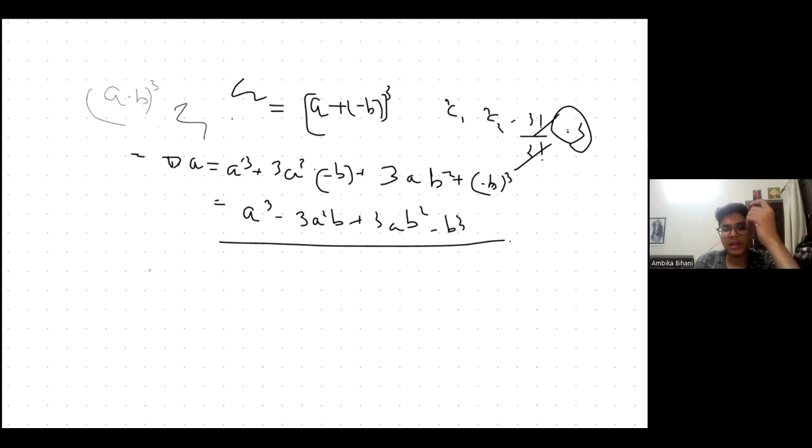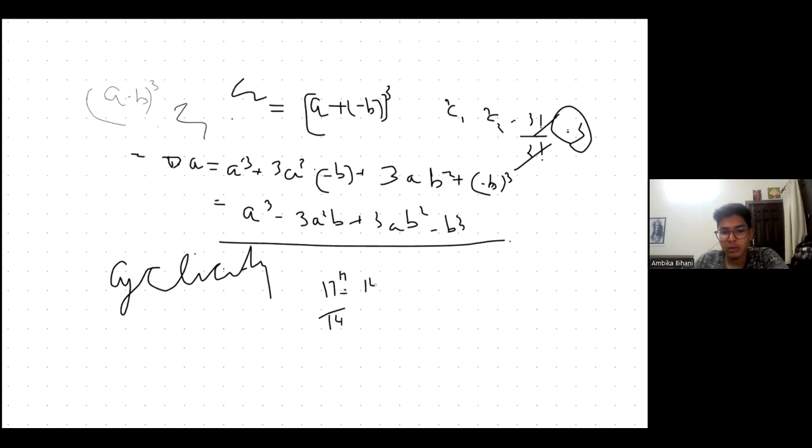Like if I told you to find what the remainder is when 17 to the power 17 is divided by 14. So you could just write 17 as (14 plus 3) to the whole power of 17, divided by 14.